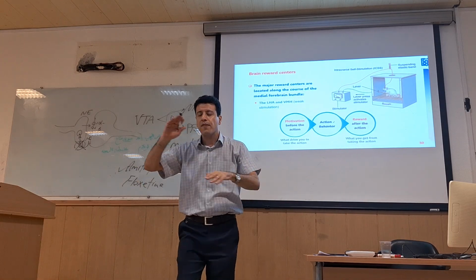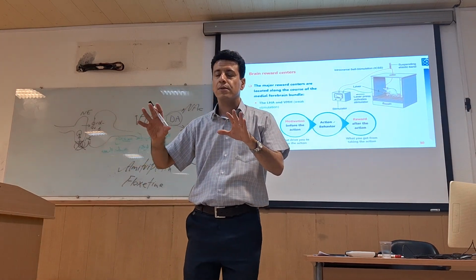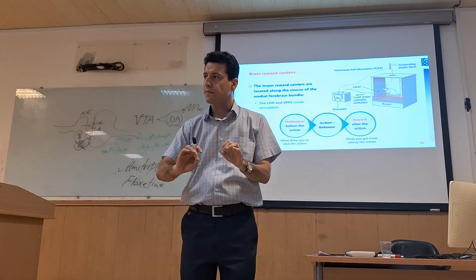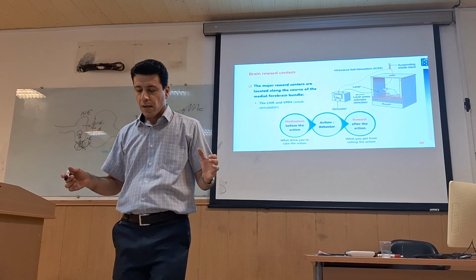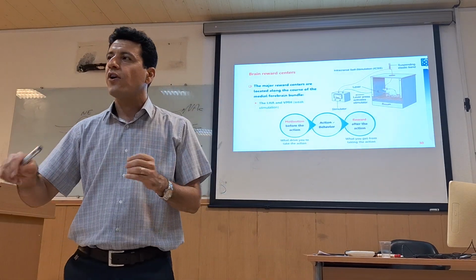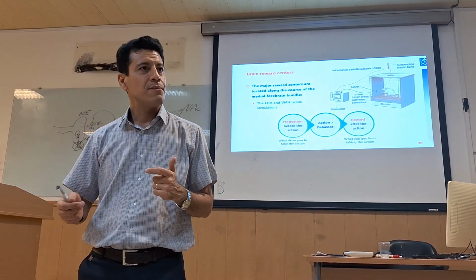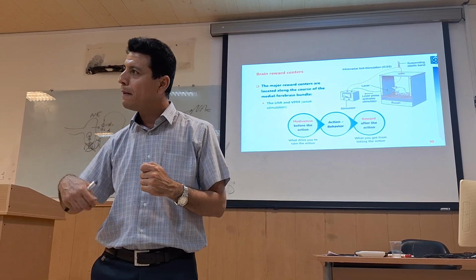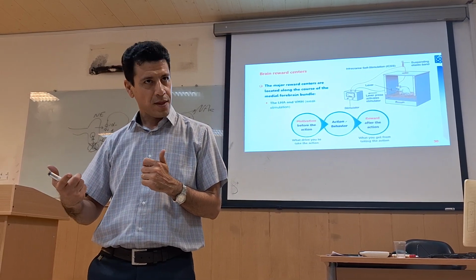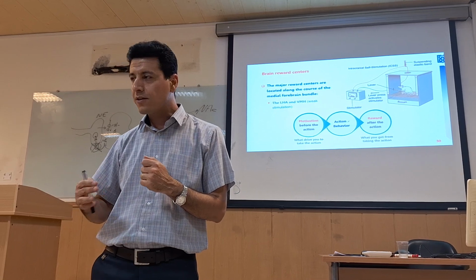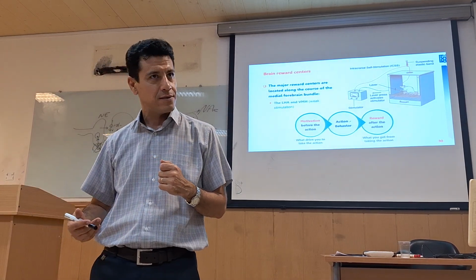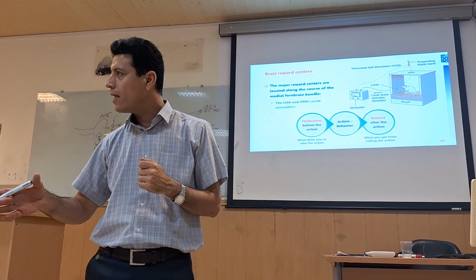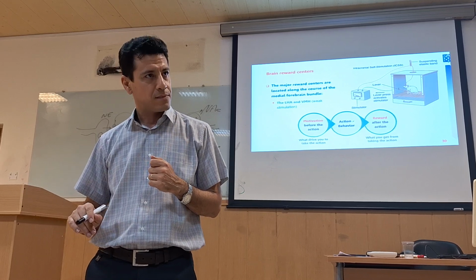Okay, so you can think about a child. Okay, so they try everything. Sometimes they feel pleasure. Sometimes they feel pain. If they feel pleasure, they continue to do that behavior. If they feel pain, they stop doing that.